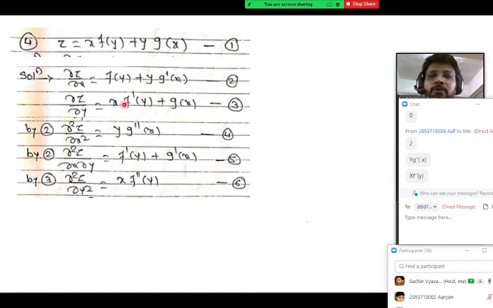With careful observation, think what should be done so that you can eliminate f and g there. The eliminated equation would be free from f of y and g of x. The final answer should be free from f and g, also f dash and g dash. Nothing should be there.